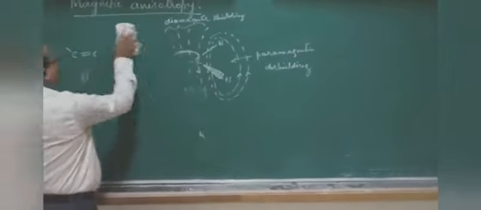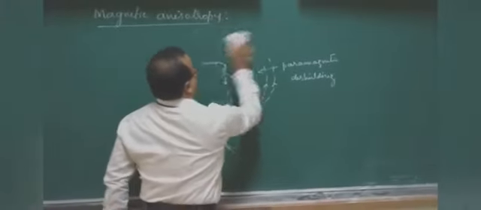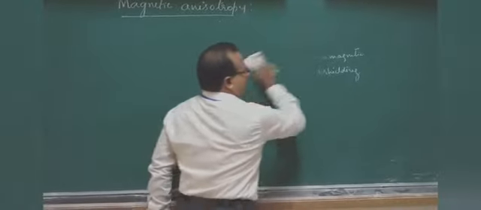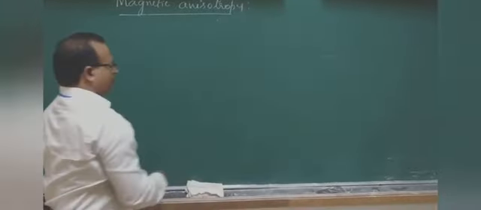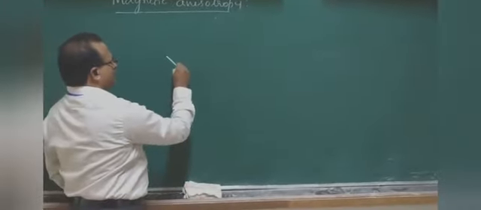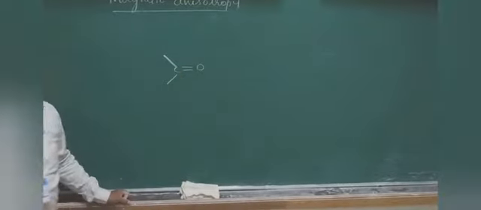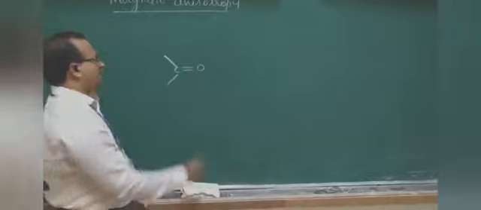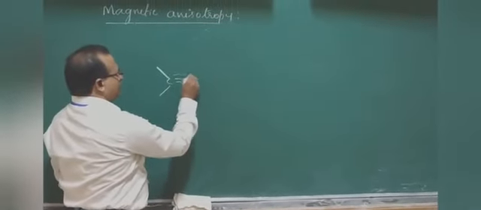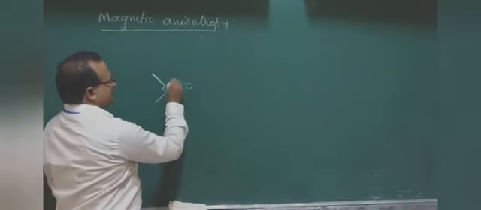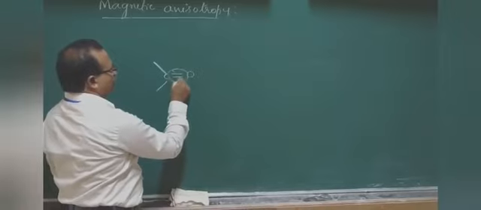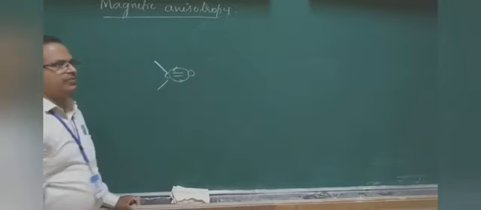Next we will consider carbonyl compounds. Carbonyl compounds also consist of pi electrons, and these pi electrons are induced to circulate like this, similar to olefins.